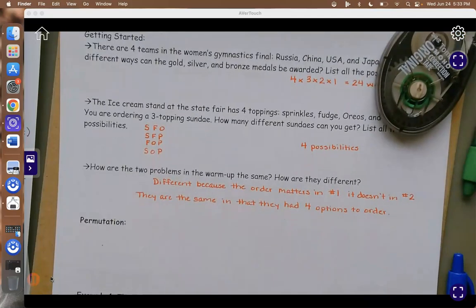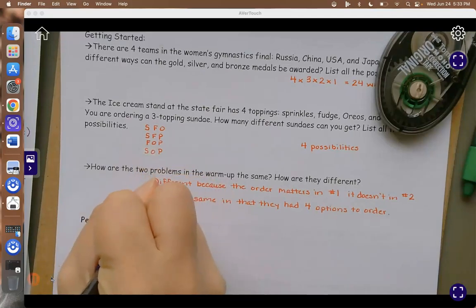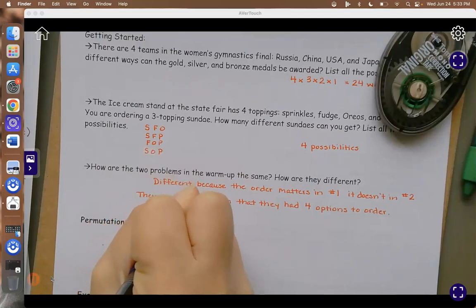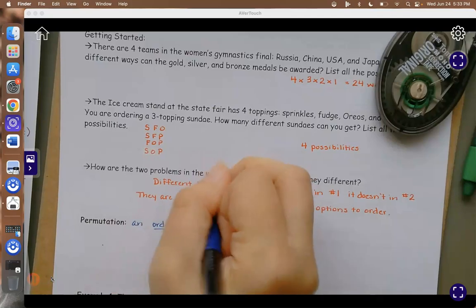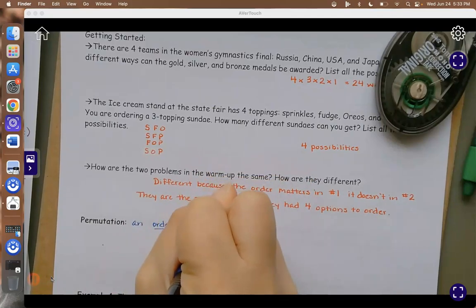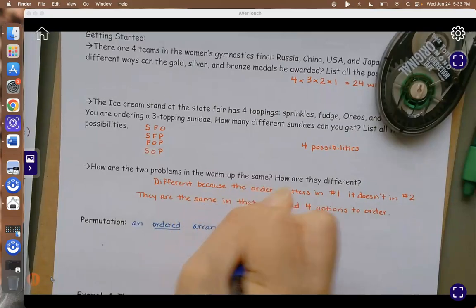Okay? So permutation. Okay, so the definition of a permutation is an ordered arrangement of n objects.